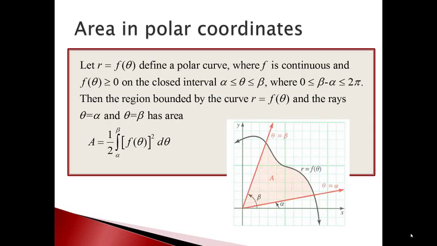Then the region bounded by the curve r equal f of theta and the rays theta equal alpha and theta equal beta has area A equal 1/2 of the integral from alpha to beta of f of theta squared d theta.